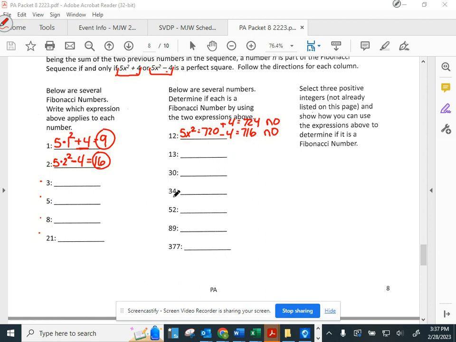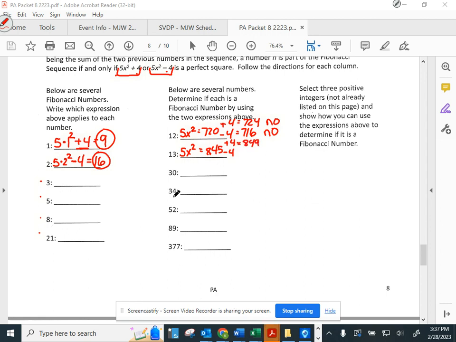When I look at 13, I know it's 5x squared. So if I put a 13 in, I square it, times it by 5, I get 845. Now I want to add 4 and subtract 4. 845 plus 4 gives me 849.